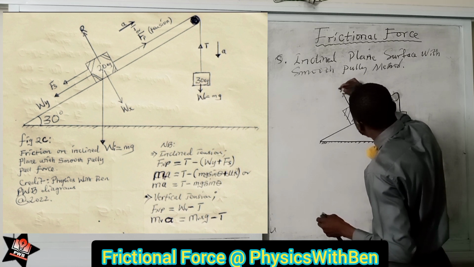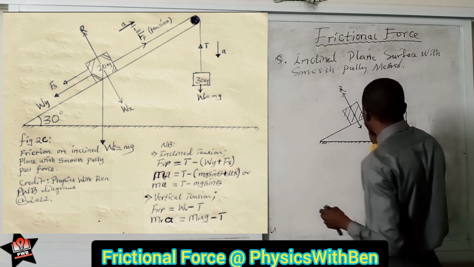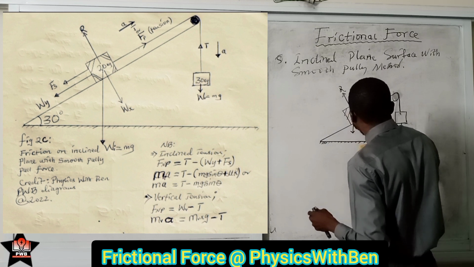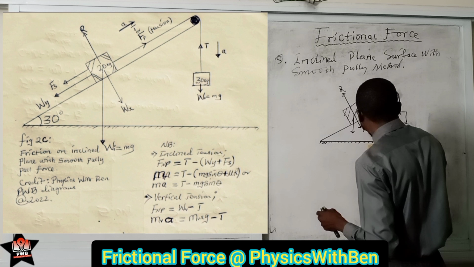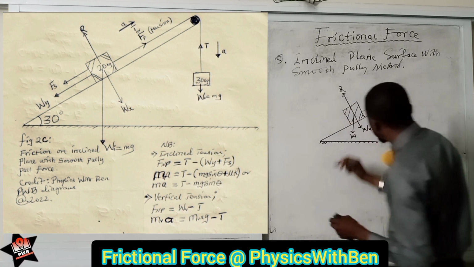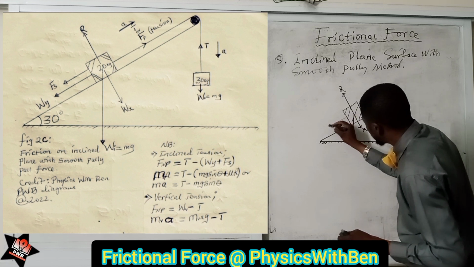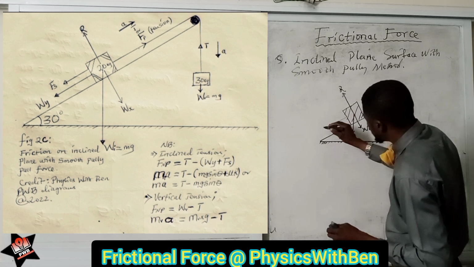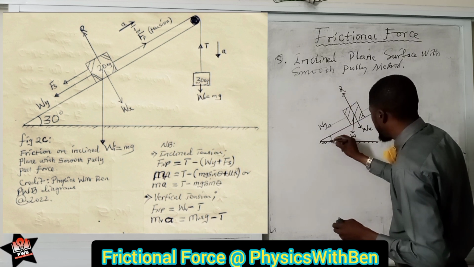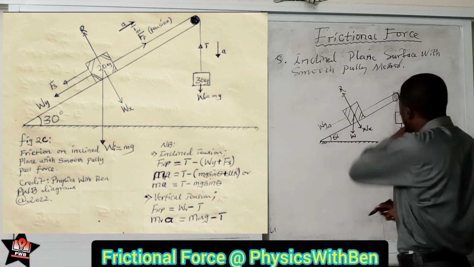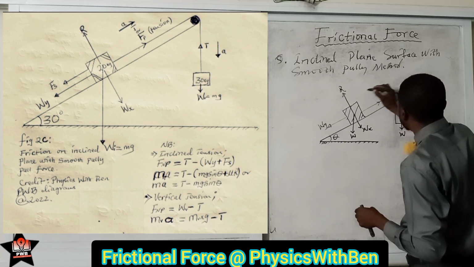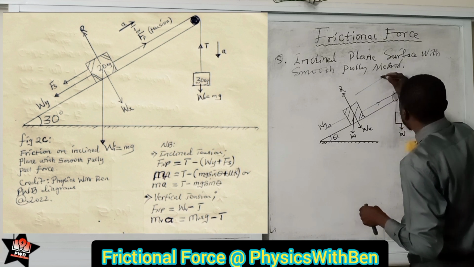Up here is your normal reaction, and then down here is your Wx, and this is your W, and then here is your Wy. It's an angle of inclination here. Here is the tension. The object is moving this direction.